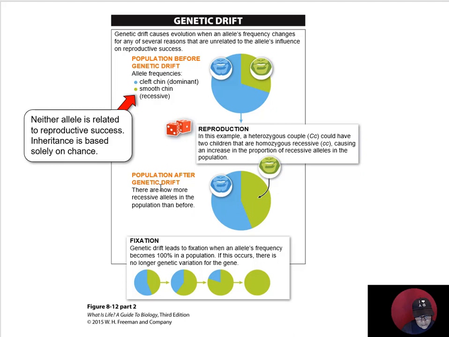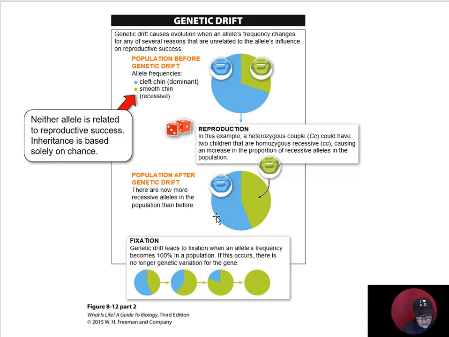And so we can get this population after the genetic drift has happened. There are now more recessive alleles in the population than there were before, right? And it just happened because of this couple, and this is going to happen to multiple couples in a population, not just one, right? But suddenly we see an increase in the frequency of this change in chin shape because of that.